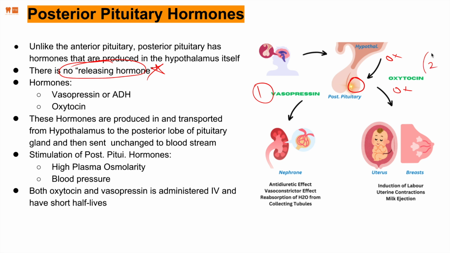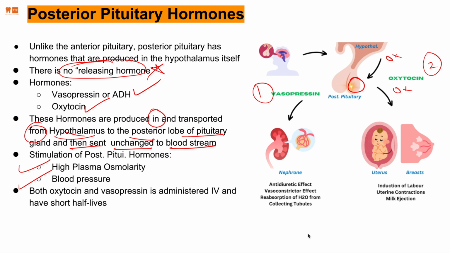There's two drugs. Vasopressin, also known as ADH, anti-diuretic hormone, and oxytocin. These hormones are produced in and transported from the hypothalamus to the posterior lobe of the pituitary gland and then sent unchanged into the bloodstream. This stimulation of posterior pituitary hormones is done by high plasma osmolarity and blood pressure.